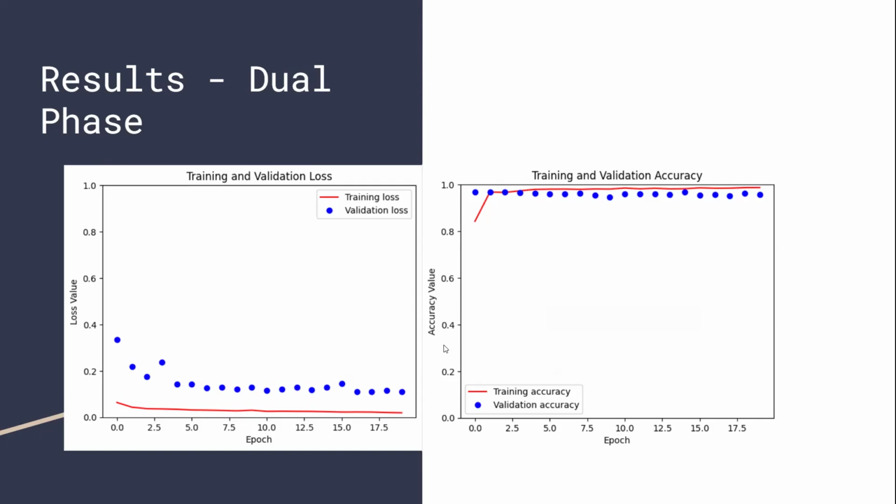So with this approach, we trained on both the endoscopy and systole data combined, and the training curve shows excellent performance. We achieved rapid convergence with validation accuracy reaching approximately 97% and maintaining stability throughout the training.